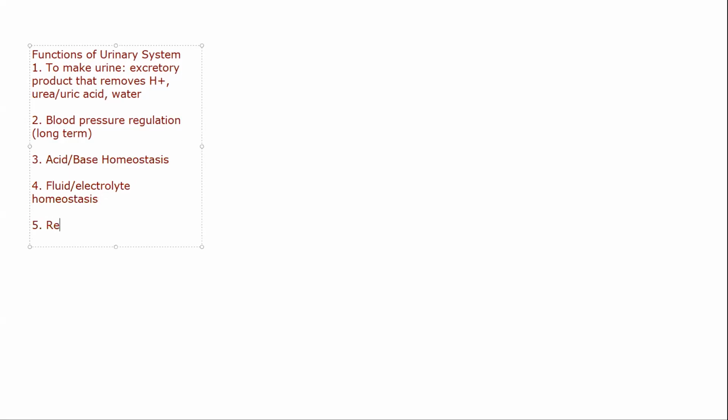I'm so proud of you. Stimulus, let's put it that way. Stimulus of red blood cell production through what? Secretion of erythropoietin. Yeah. I really did print out my notes. Okay, perfect. All right, so those are the five functions.